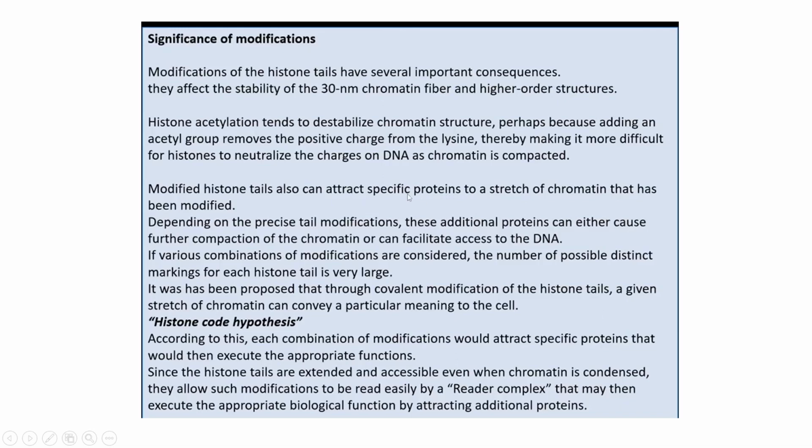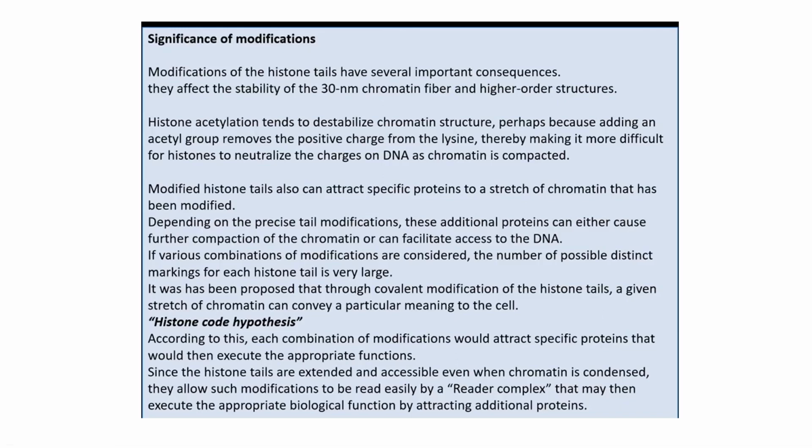So this actually acts as a signature on the DNA, on the nucleosome particle. The histone tails basically act as a signature pattern. If a certain modification is there, then it will recruit certain types of proteins. It acts as a signature marker to recruit the protein onto that tail.